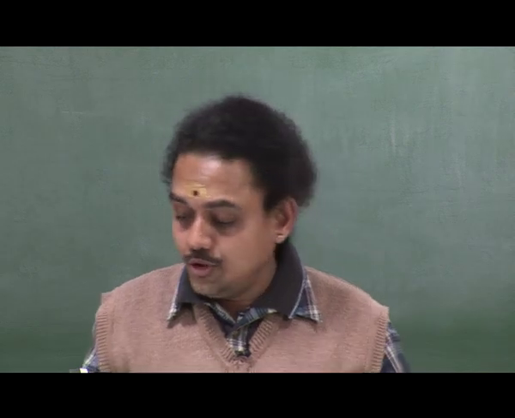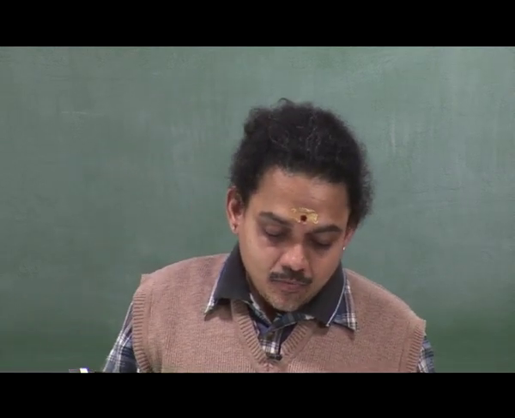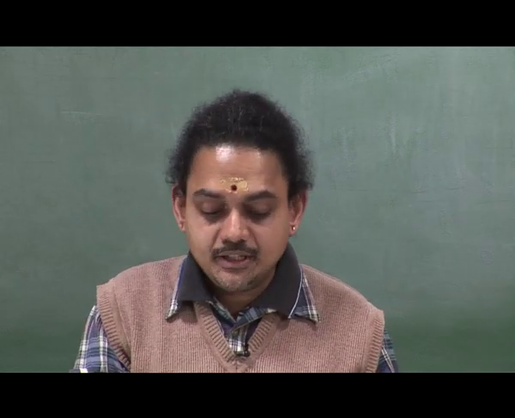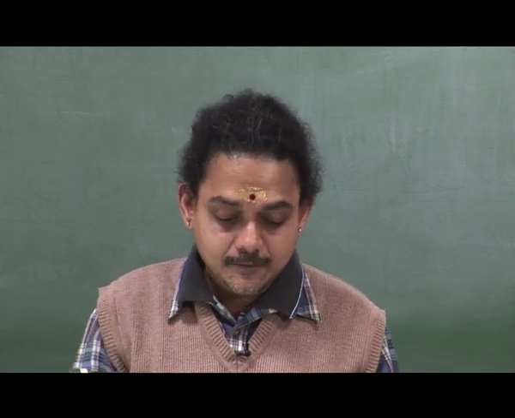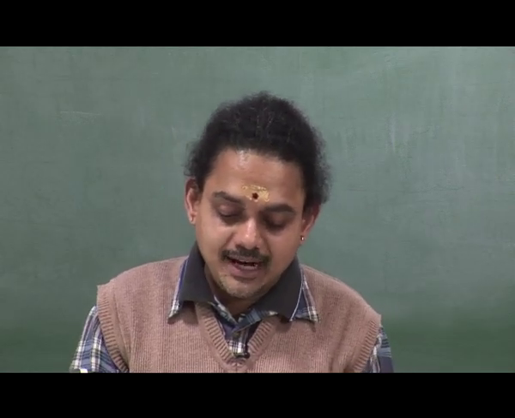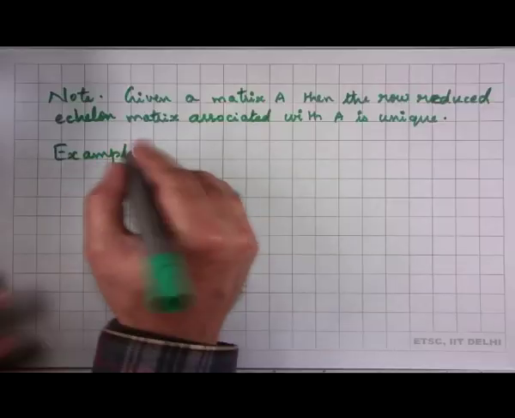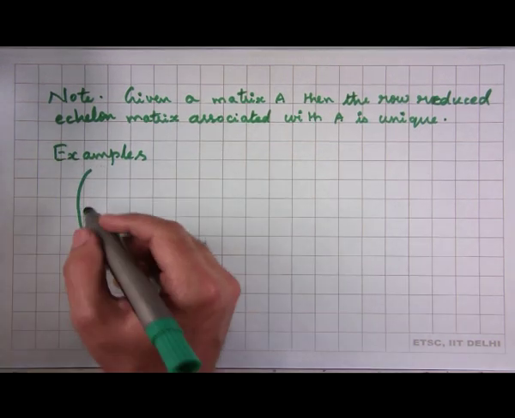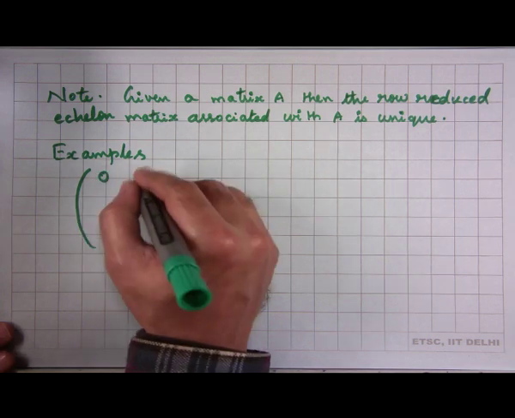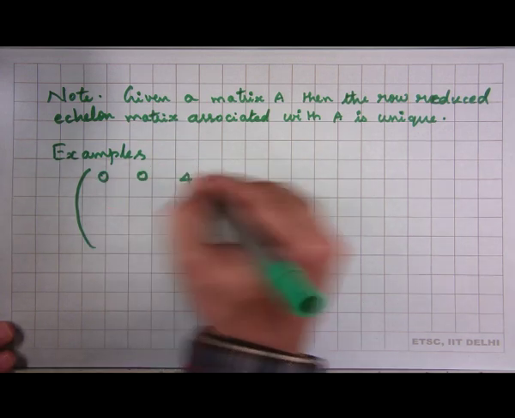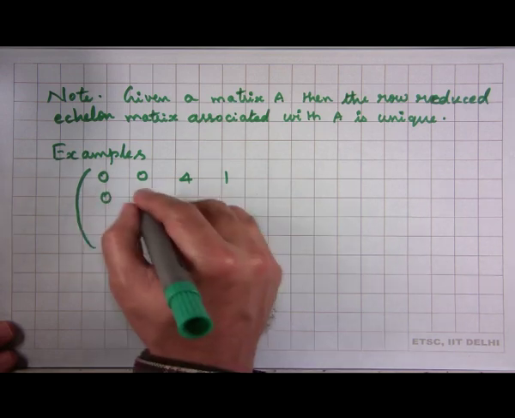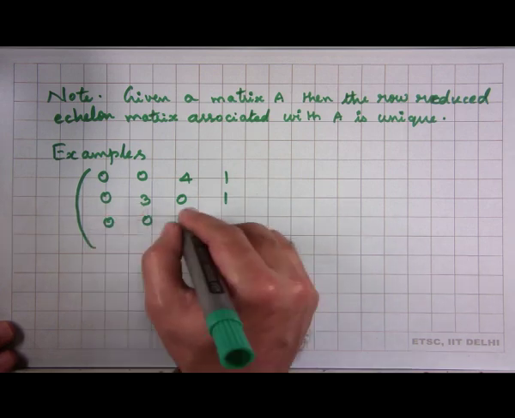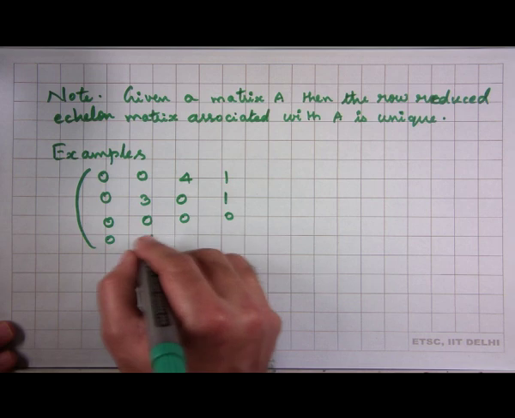Now, let us proceed to calculating the rank of a matrix. Let us look at both the examples that we saw. The first one that we had is [0 0 4 1; 0 3 0 1; 0 0 0 0; 0 4 2 0].